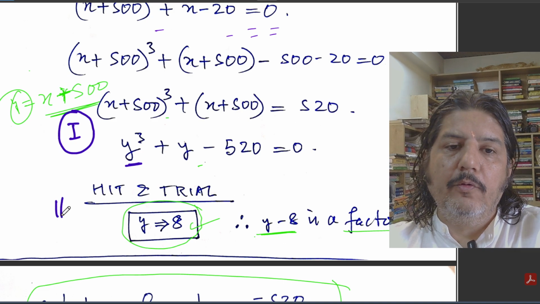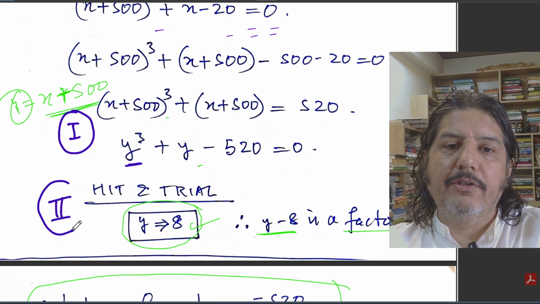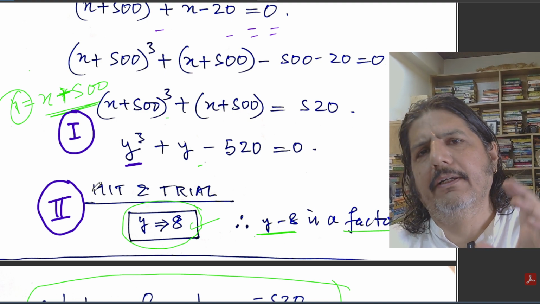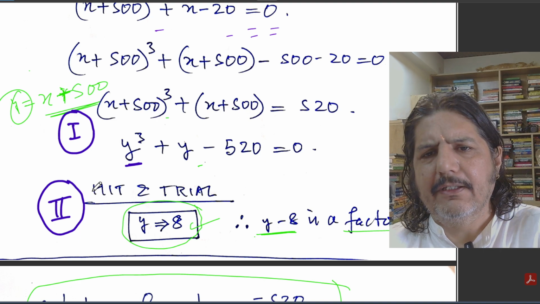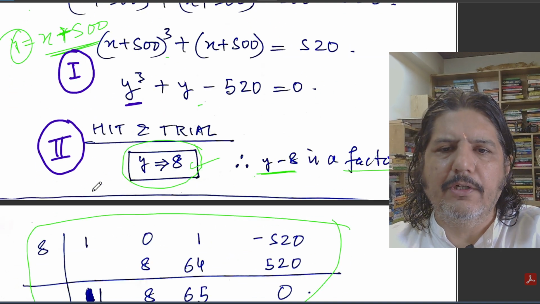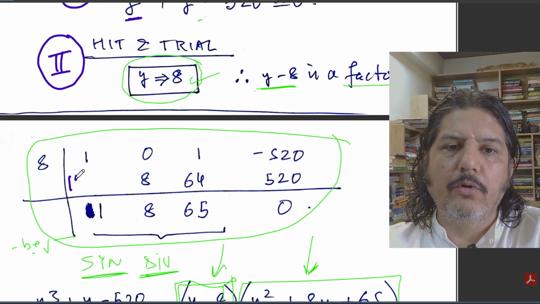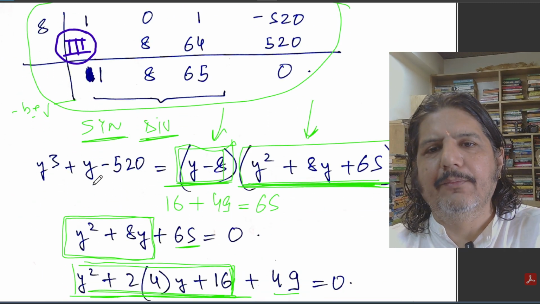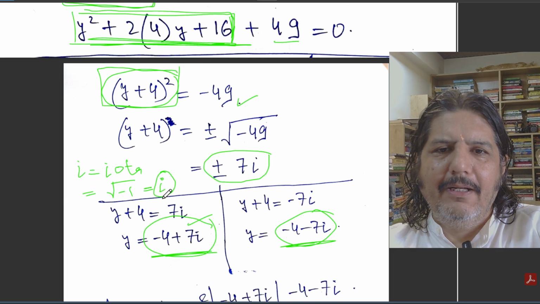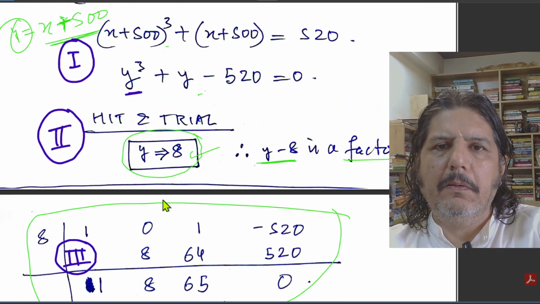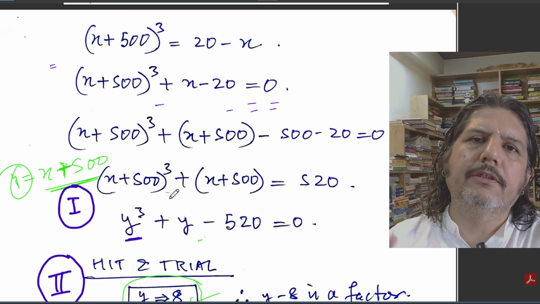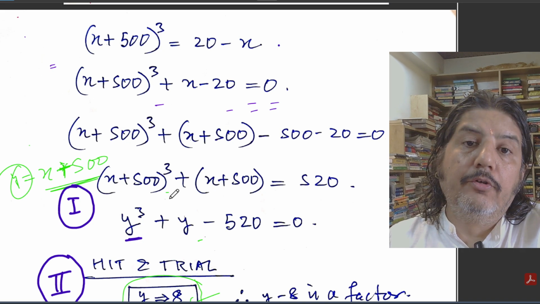Second, I think you would have understood that in a cubic equation, using hit and trial, you can find one of the factors, and that factor is usually an easy, comfortable factor. Third, if you didn't know, you would have learned something about synthetic division. So what I'm trying to say is that when you do questions like these, there are always a few new things that you understand. And hope you find this interesting.